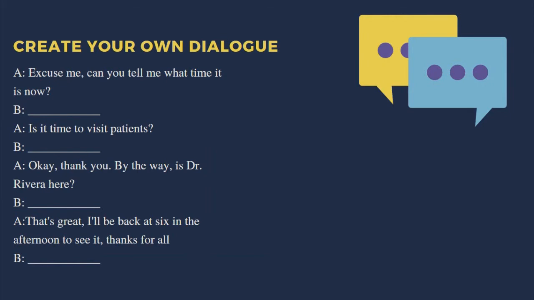What you are going to do is that you are going to follow the conversation that is over here. For example, we have, excuse me, can you tell me what time is it now? B, you're going to answer with your own opinion to follow the conversation. So, take notes in your notebook, follow the conversation, and complete the exercise, please.